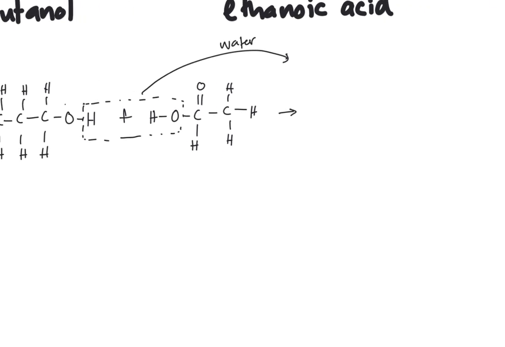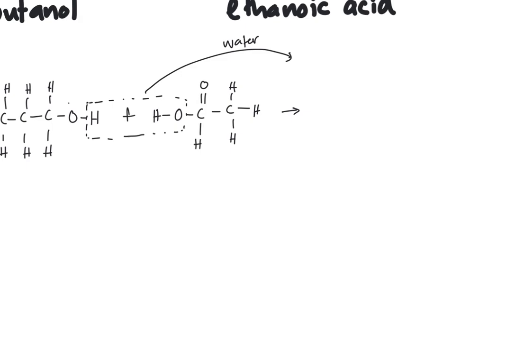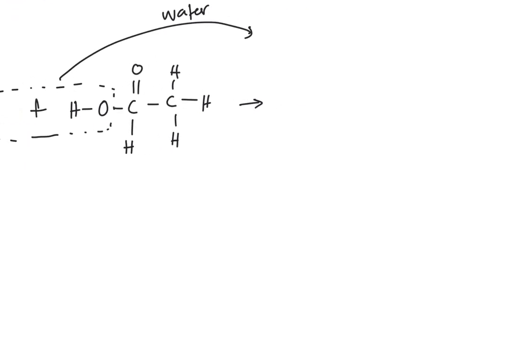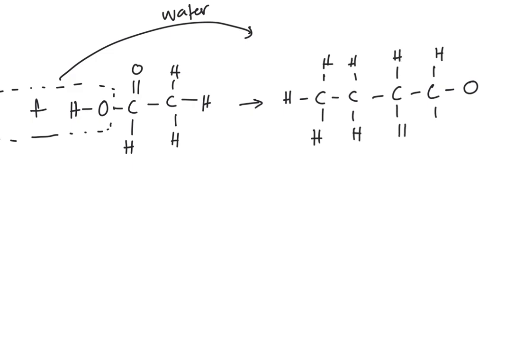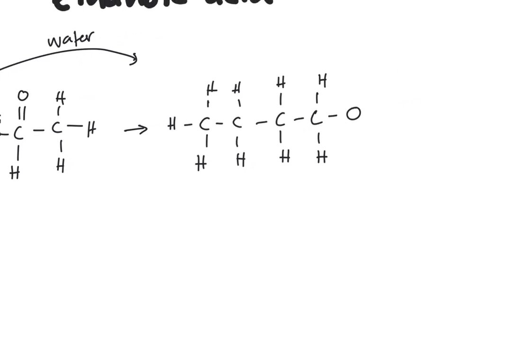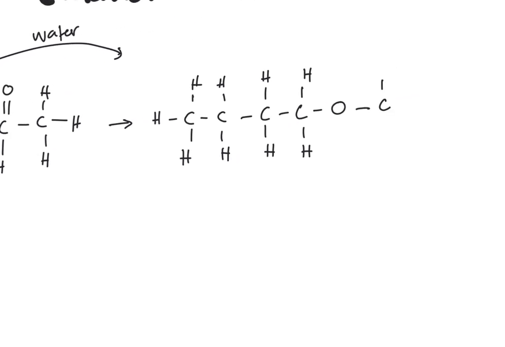When I draw out the ester now, butanol still keeps its 4 carbons, and it keeps its oxygen. I know this is time consuming, I know that it's hard work, but it still needs to be done. It bonds to the carbon that has a double bond to oxygen.